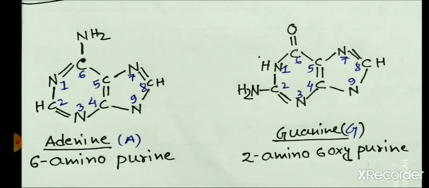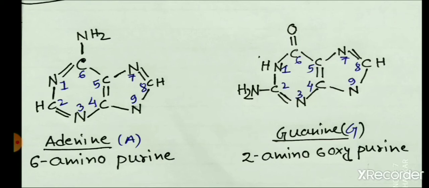We numbered the positions 1, 2, 3, 4, 5, 6, 7, 8, 9. And we can see that in the 6th position there is an amino group present. So the IUPAC name of adenine is 6-aminopurine.